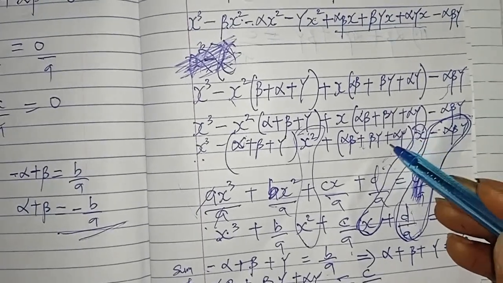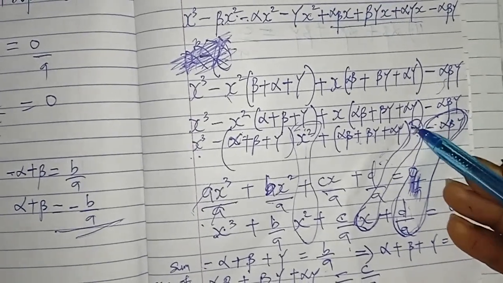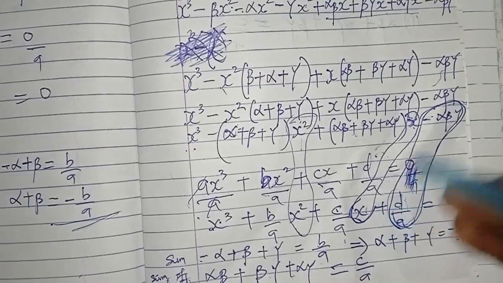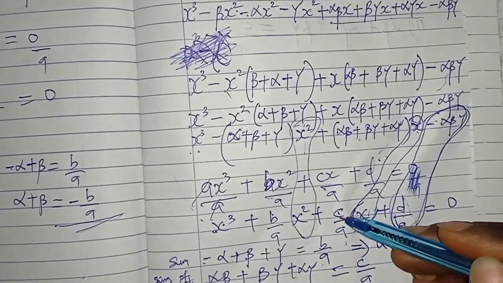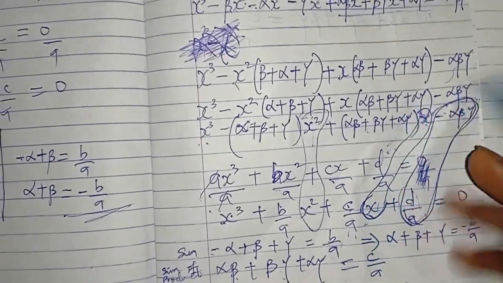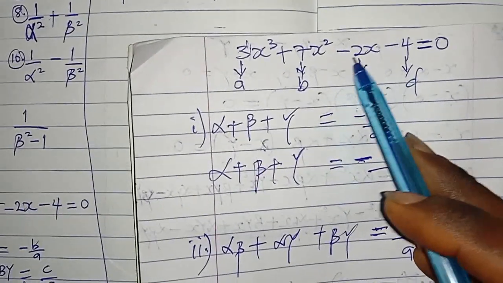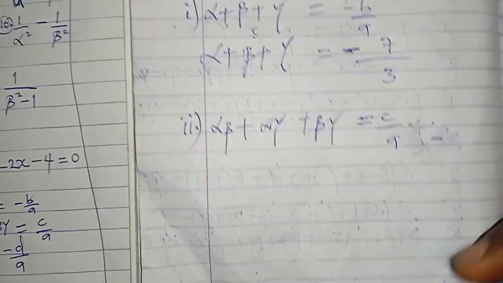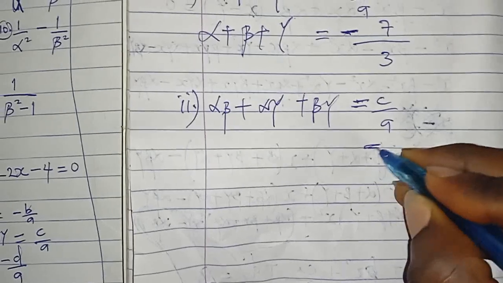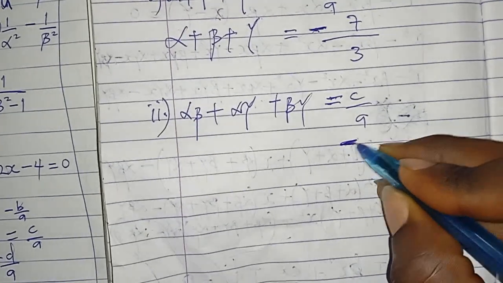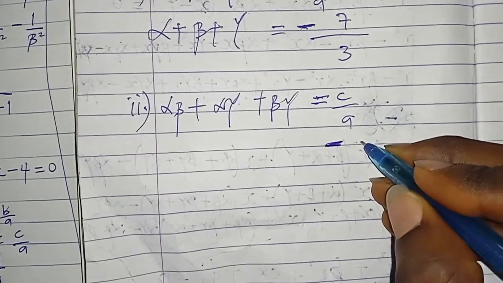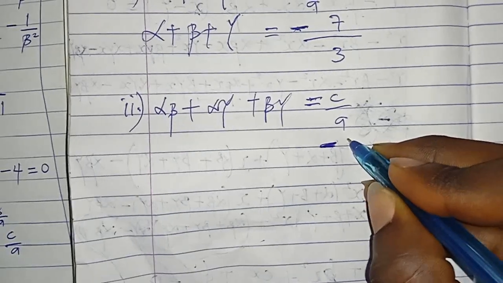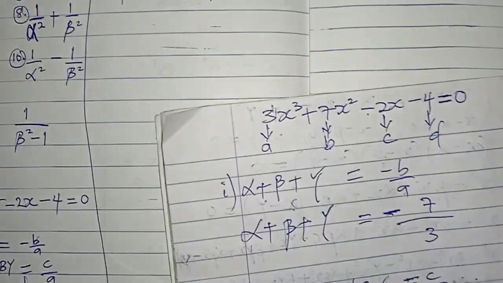This is where we are, and it's having x, so x and x comparing, you see that the value is c over a. And what is c here? Minus 2. It's carrying minus. It's the coefficient we normally use, that's what we call a, b, c and d. So minus 2 all over a, which is 3.